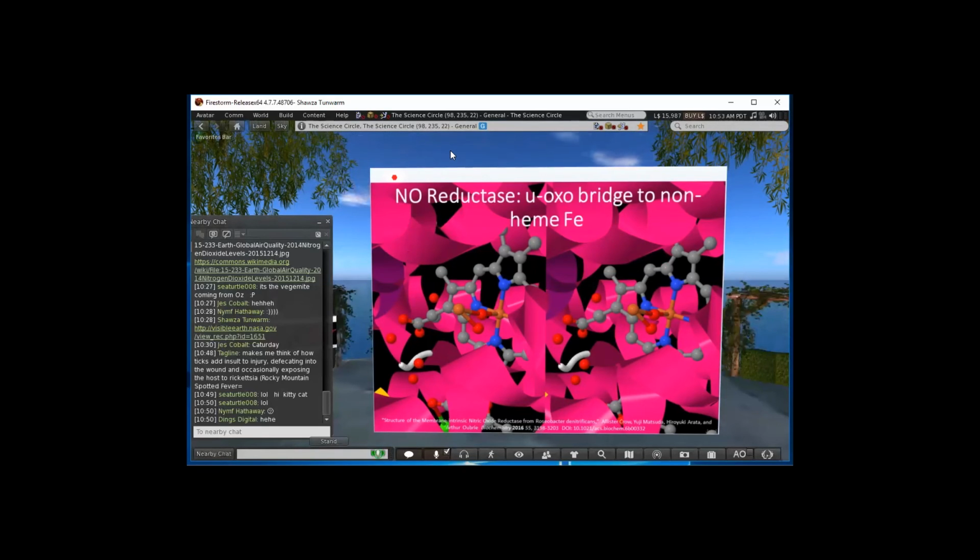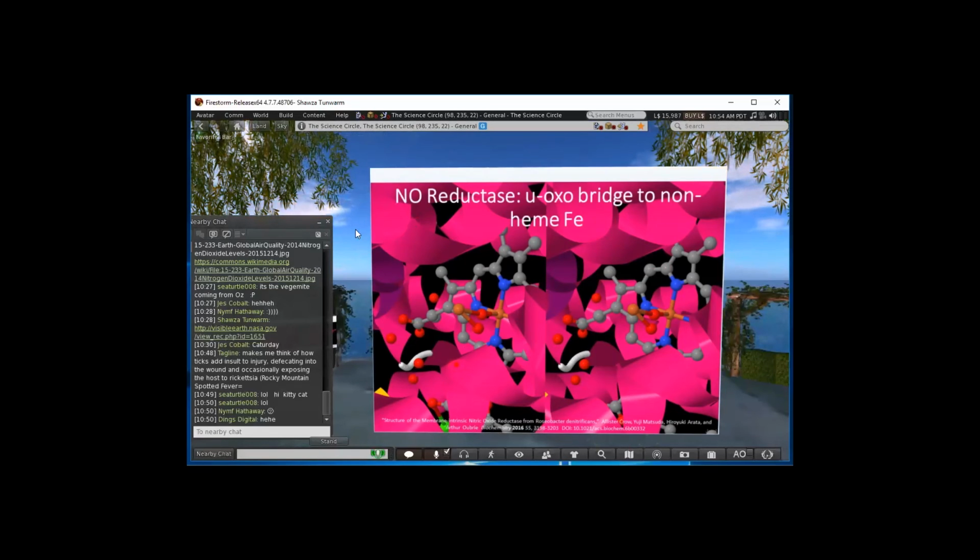I haven't talked very much about non-heme irons, and I don't want to give you the wrong impression. This iron atom is actually attached to various atoms in the protein. It's got probably 6 other bonds to it, including the oxygen that's also attached to the other iron atom.